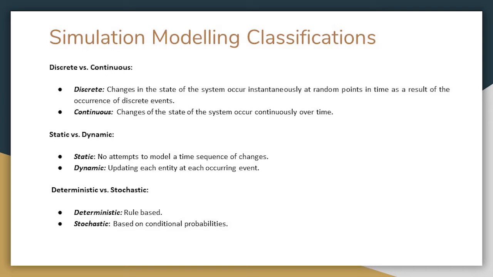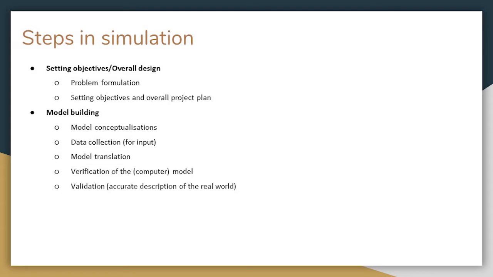Static systems make no attempt to model a time sequence of changes, while dynamic systems update each entity for the changes that occur due to an event. Deterministic systems are based on rules, and stochastic systems have a conditional probability attached to them.